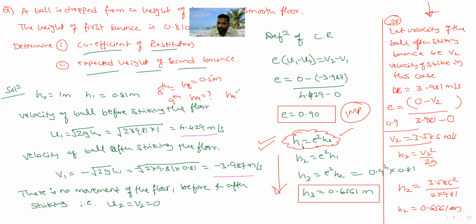H9 is equal to E square into H8. Any bounce height, if you want to determine, you should know the relative velocity square into the previous bounce height. Just remember this formula so that it will be easy for you.